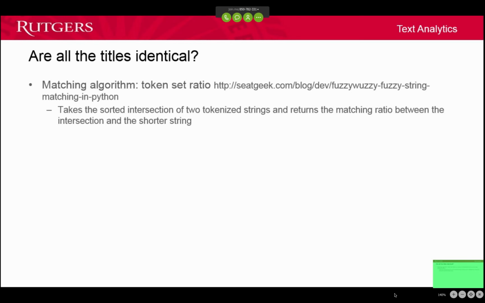Well, I found a matching algorithm written in Python, and it's pretty simple. It takes the sorted intersection of two tokenized strings and returns the matching ratio between the intersection and the sorted string. So what does that mean?